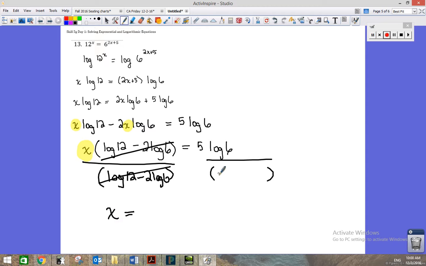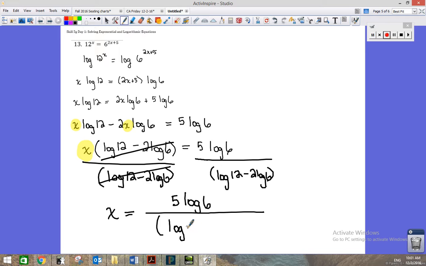Now on the right hand side I have to also divide by the same amount to balance the equation. And I have to be able to read my writing to get my answer. So in the numerator, 5 times the log of 6. In the denominator I have this binomial, two terms, log of 12 minus 2 log of 6.